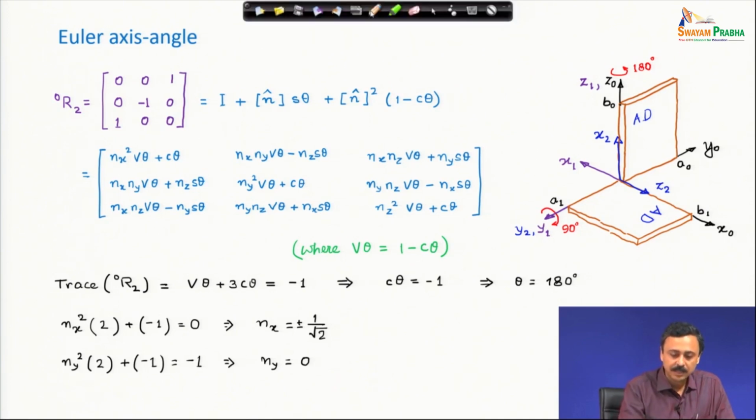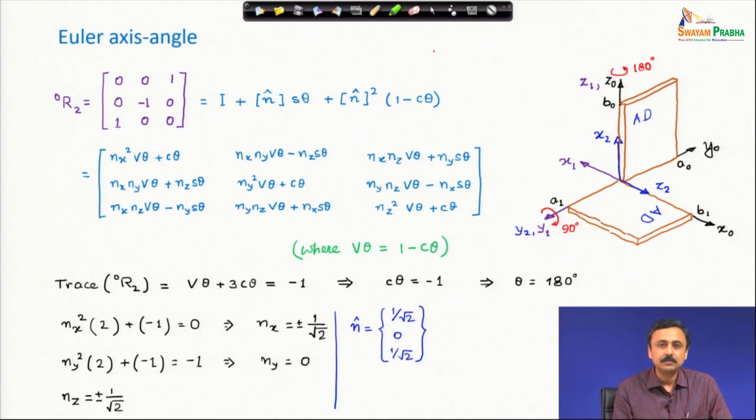Second, I look at this element. Because cos theta is minus 1, verse theta, which is 1 minus cos theta, must be 2, that is what I have used. So, nx square into 2 plus cos theta, which is minus 1, equals 0, and from here I get nx. Similarly, from this element I find ny is 0, and from this element I get nz as plus minus 1 by root 2.